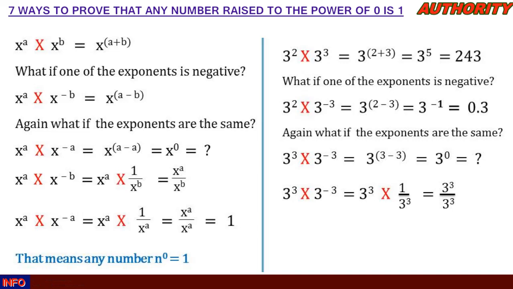Now when you multiply these together, it's going to give you 3 raised to power 3 all over 3 raised to power 3. So 3 raised to power 3 is 27. All over 3 raised to power 3 again is 27. So 27 divided by 27 is equal to 1. So with this, I've shown you the second way to prove that any number raised to power 0 is equal to 1.